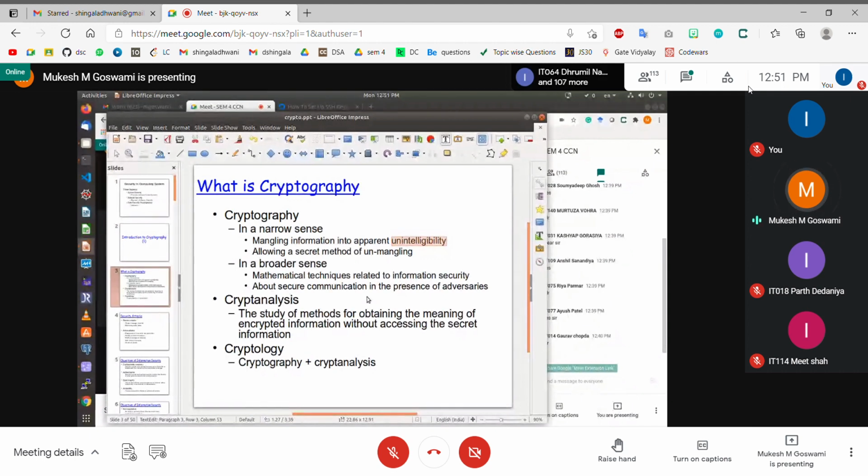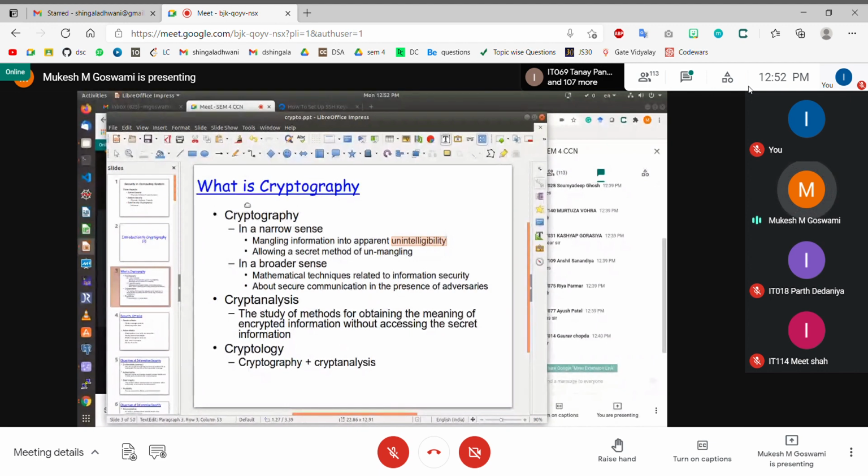So cryptography is converting a message into an unintelligible form and converting it back into intelligible form. Cryptanalysis means trying to break this code and understand the unintelligible information without knowing the secret, right? So without knowing the password or the key phrase. We'll talk about that in a little while, but this is called cryptanalysis.